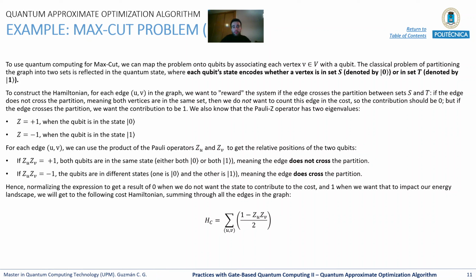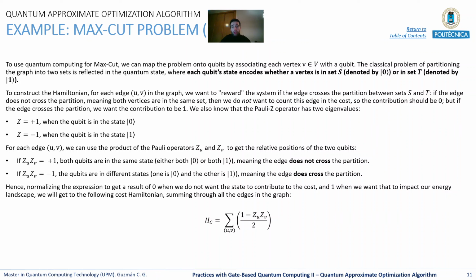So the classical problem of partitioning the graph into two sets would be: if the vertex is in the set S, it could be denoted by 0, by the state 0. If the vertex is in the set T, it would be in the state 1. It's as simple as that. You can also define the set S denoted by 1, of course, and the T denoted by 0. The only thing is that they should be different states.